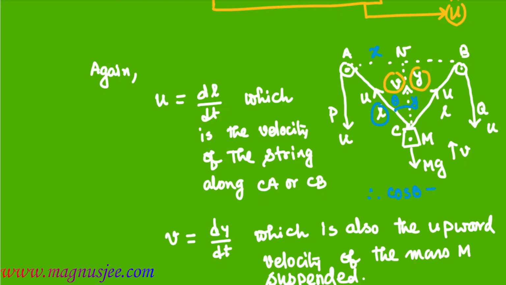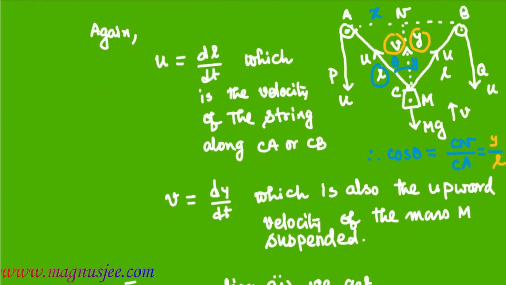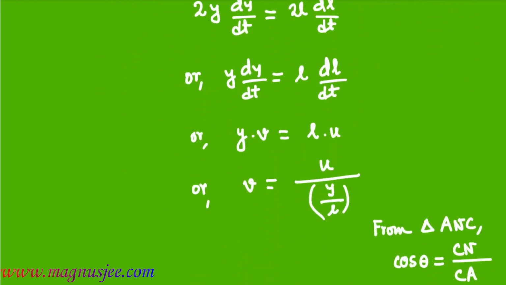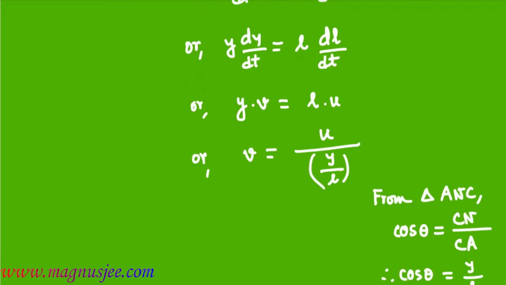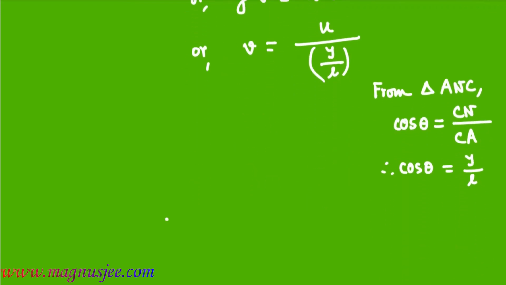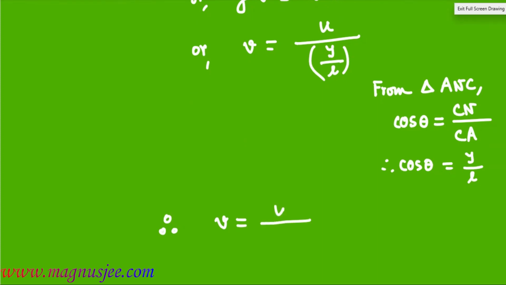In that case, cos theta is equal to CN by CA, base by hypotenuse, which is y by L. Therefore, v equals u divided by cos theta.